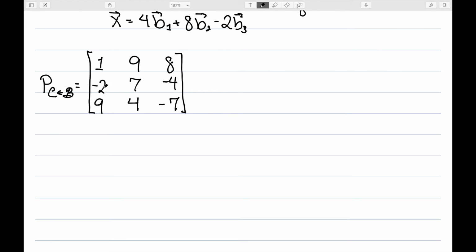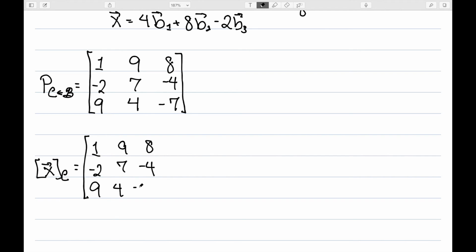So what we have from there is that the coordinate vector of x with respect to C, which is what we want, is equal to this matrix, the change of coordinate matrix, times the coordinate vector with respect to B, which is given by these coefficients, 4, 8, minus 2.